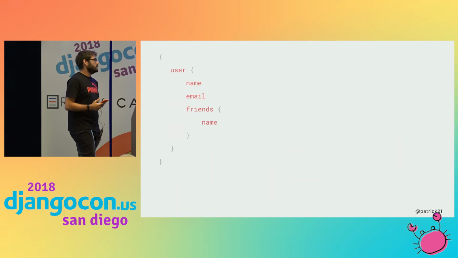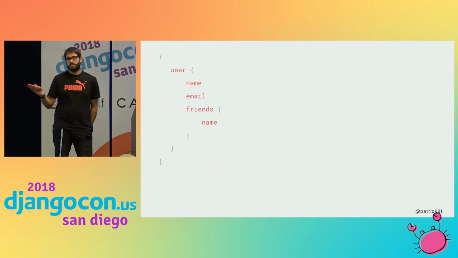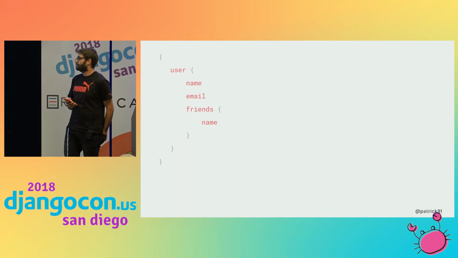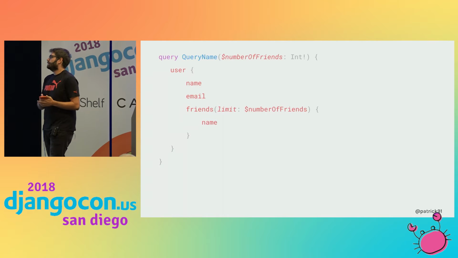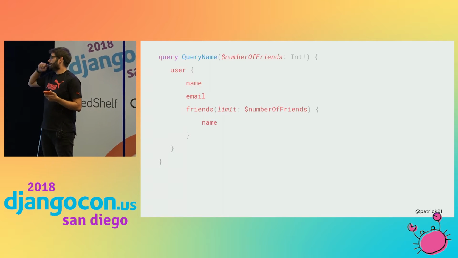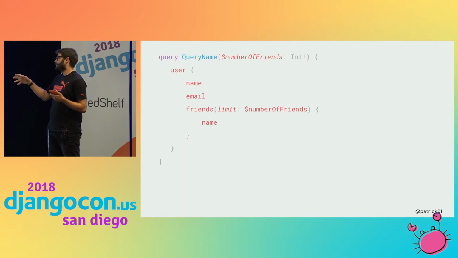This is a document that you send to do a query. And since query is a common operation, this is the short version of doing a query. The actual syntax looks like this, where the first token is the operation type. Then there is an operation name, which is basically used only for debugging. Then you can have parameters.